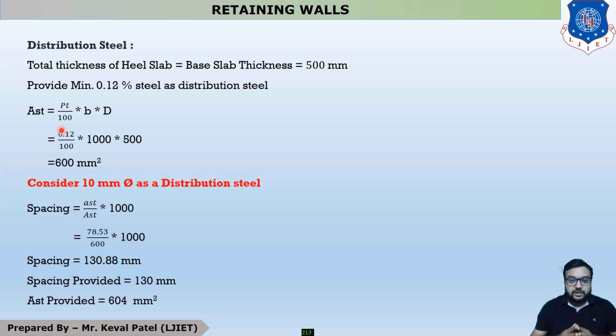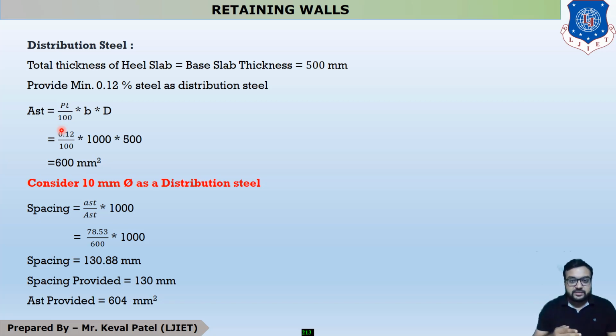You all know that in distribution steel we have to provide 8 mm or 10 mm bars. So in this example we consider 10 mm phi as distribution steel. So we have to find out spacing. What is the equation of spacing?